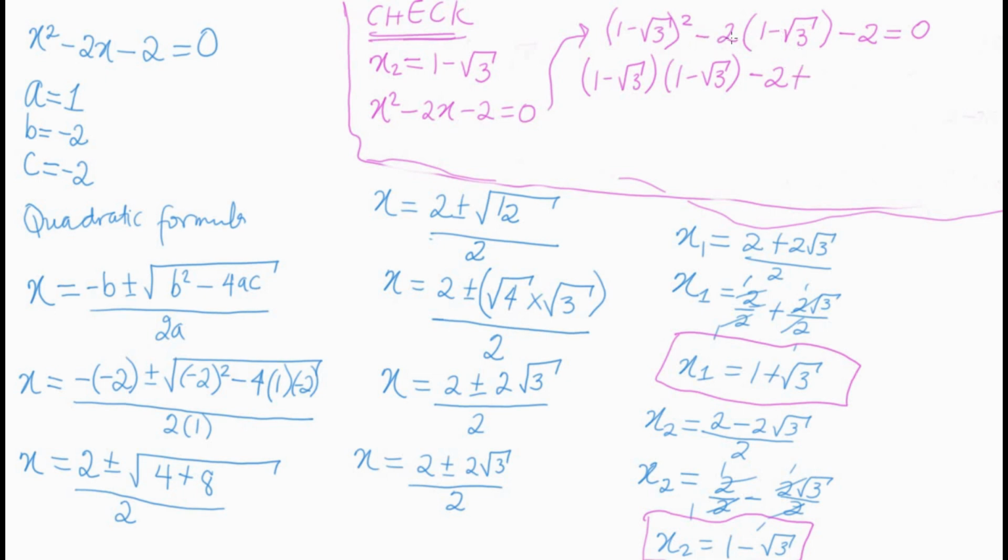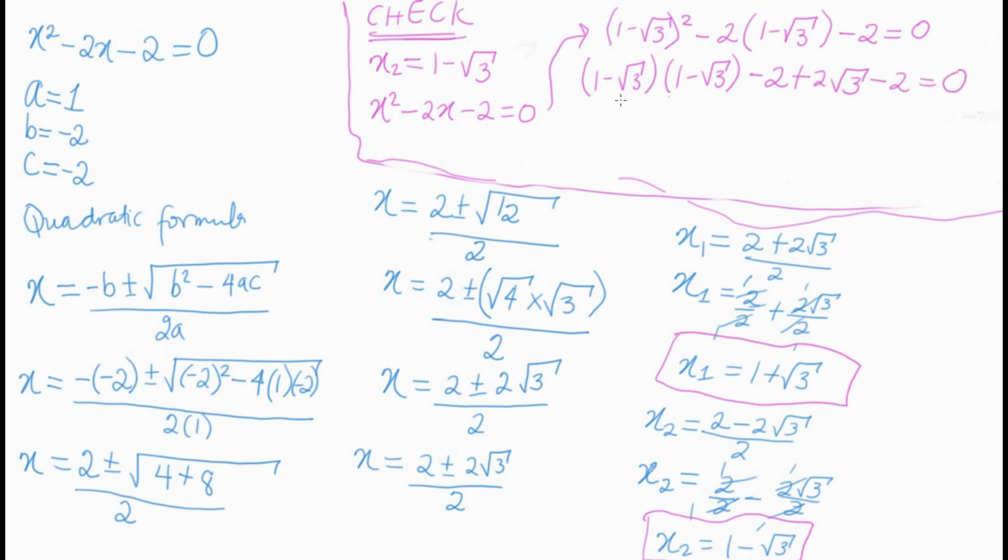So 2 times root 3 is just 2 root 3. And yeah, when we've expanded, then we just drop the negative 2 down here. So this equals 0.